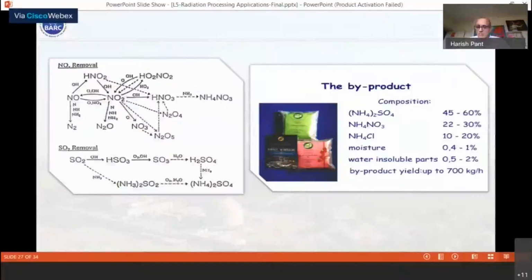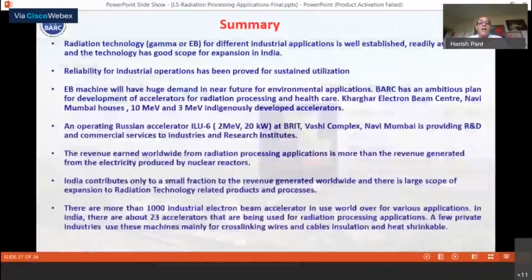using the electron beam processing technology. Now, in summary, I would like to say that the radiation technology using gamma rays or electron beam for different industrial applications is well established. All these techniques, whatever I told you, are well established. They are readily available, and this technology has a very good scope for expansion in India.